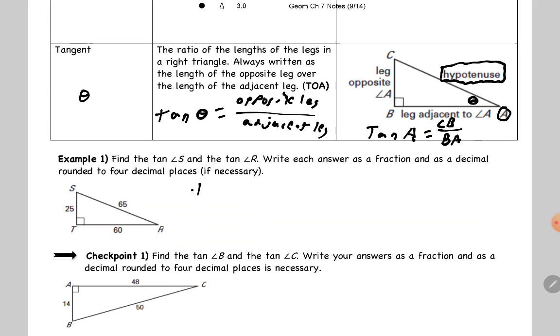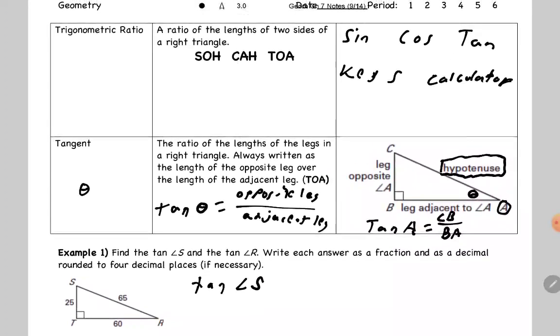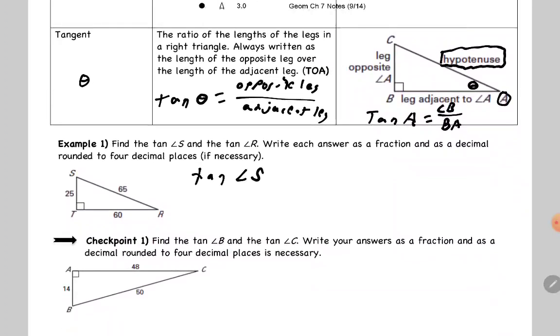Okay, so tangent of angle S. Because we're going to work with sine and cosine as well, it's always good to label the sides that you have. So for example, we're looking at S, so I'm going to circle that, and I'm going to label all my sides compared to S. From S, this is my hypotenuse, because it's always the longest side, opposite of the right angle.